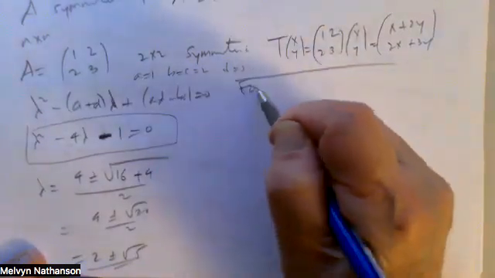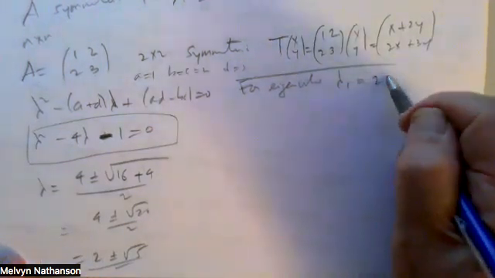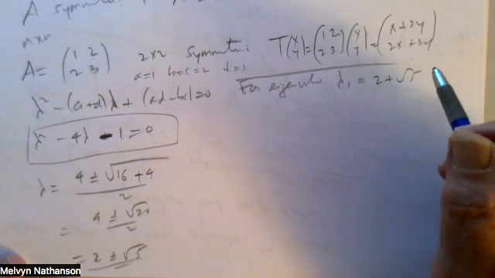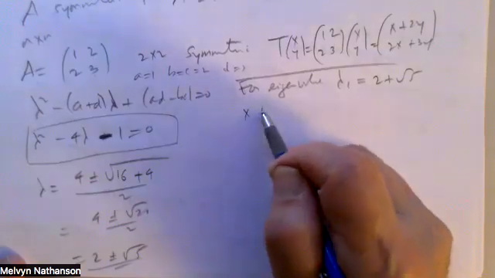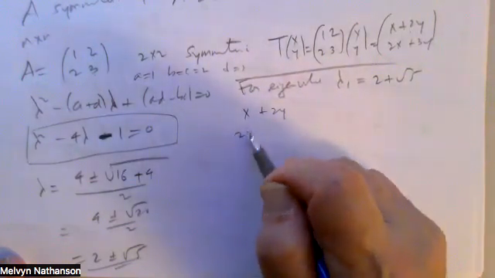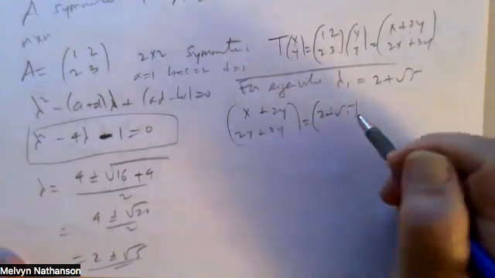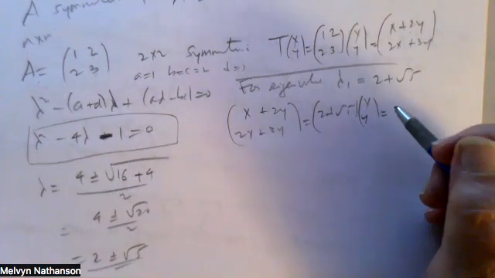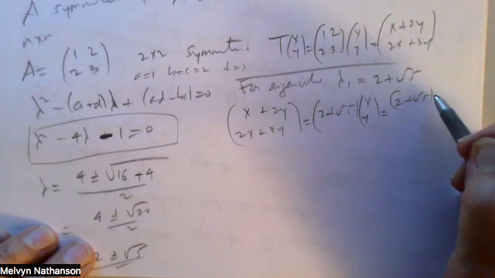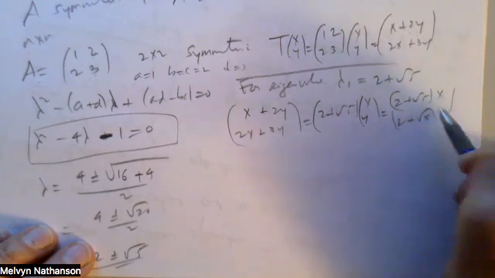For eigenvalue lambda 1 equal to 2 plus root 5, we want T of xy, which is x plus 2y, 2x plus 3y, equals 2 plus root 5 times xy, which is 2 plus root 5 x, 2 plus root 5 y.